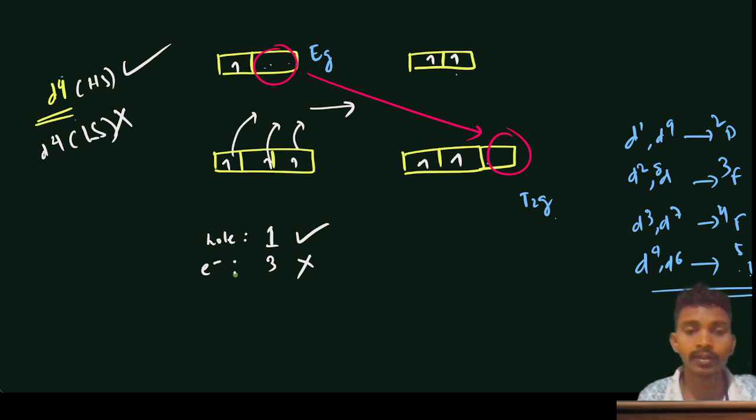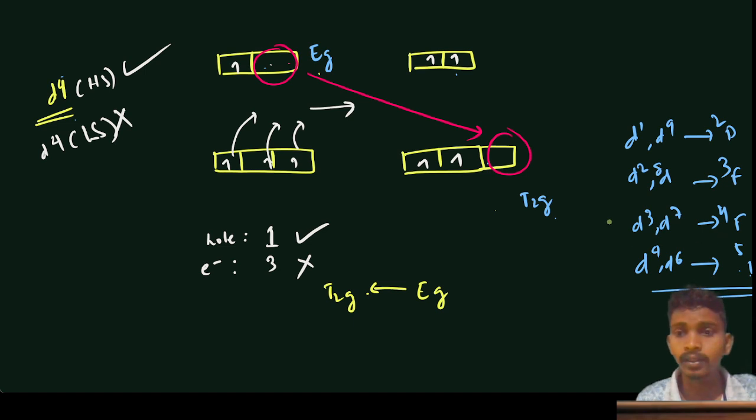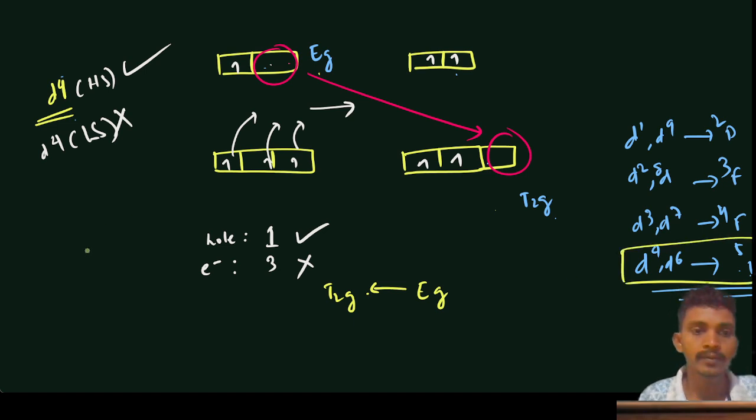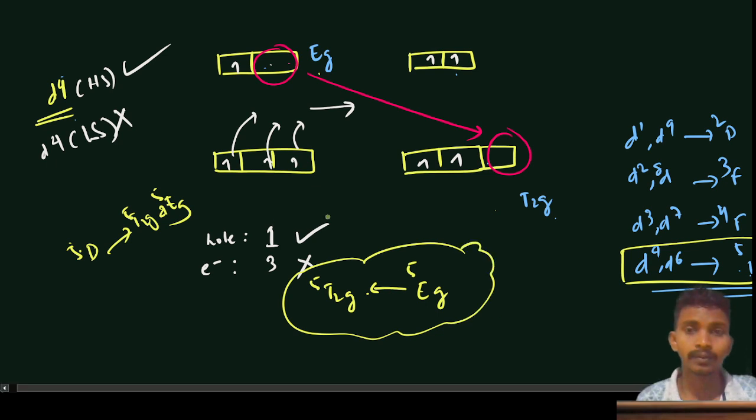Here the transition is happening from Eg to T2g. This is the spectroscopic term, that is D5. D5 also has T2g and Eg, so here also 5 will come, here also 5 will come. So this is the transition.